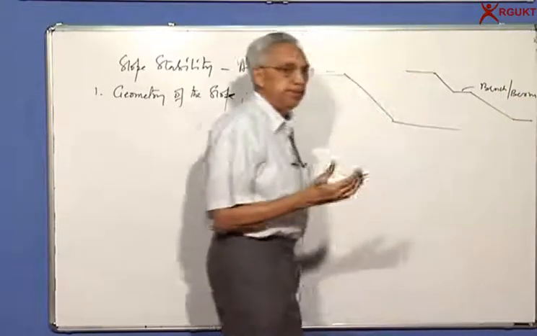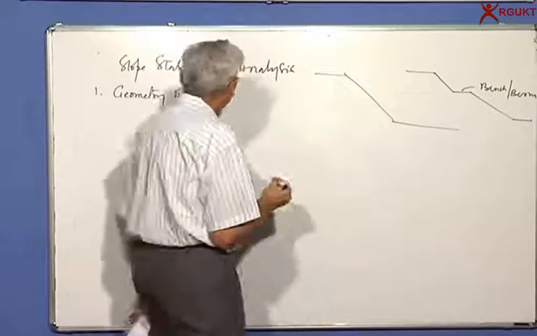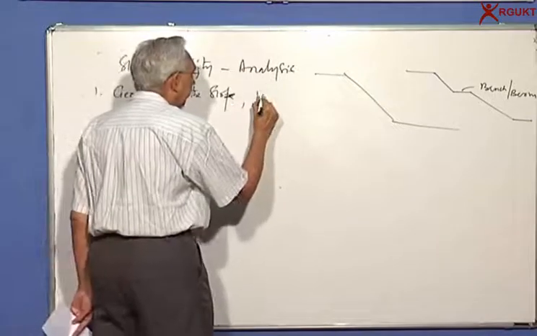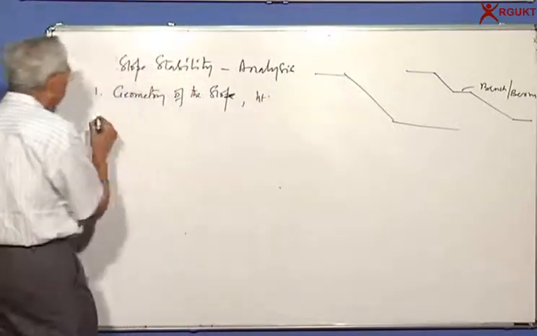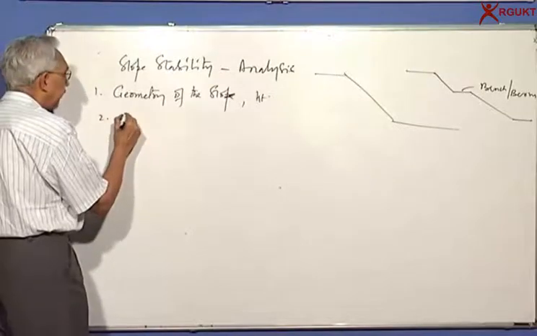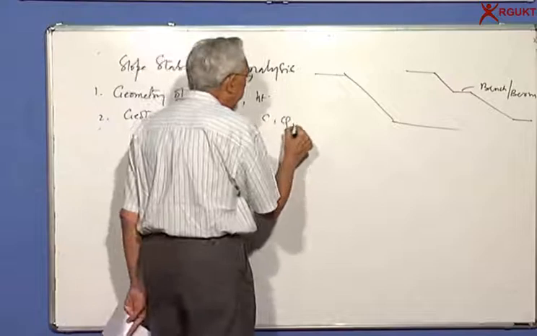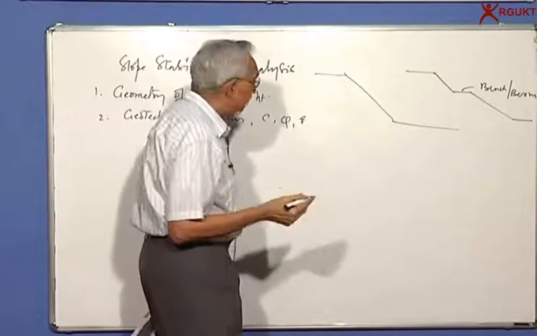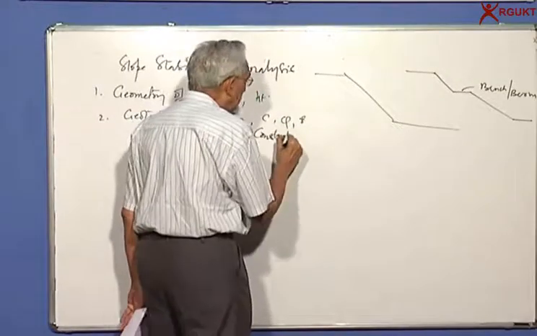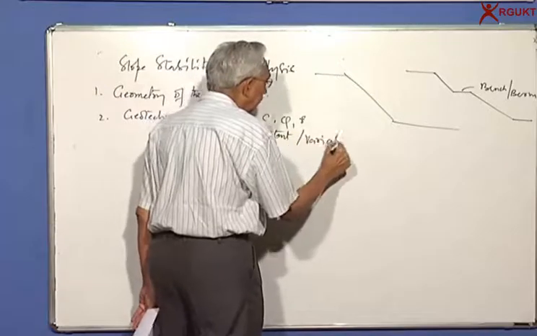So basically you need to know the height. The second would be the geotechnical properties, C, phi and gamma. They may be constant or they can be varying.